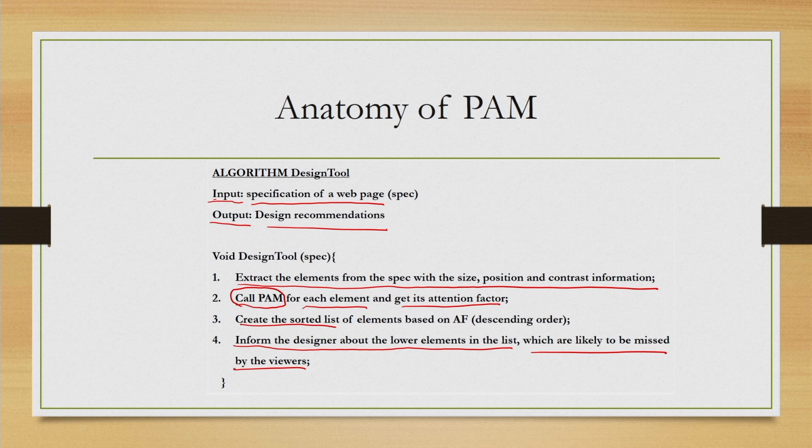So, these are the things that are there in the example model that we discussed, the PAM. From there we can generalize the characteristics that should define a user centric computing model.